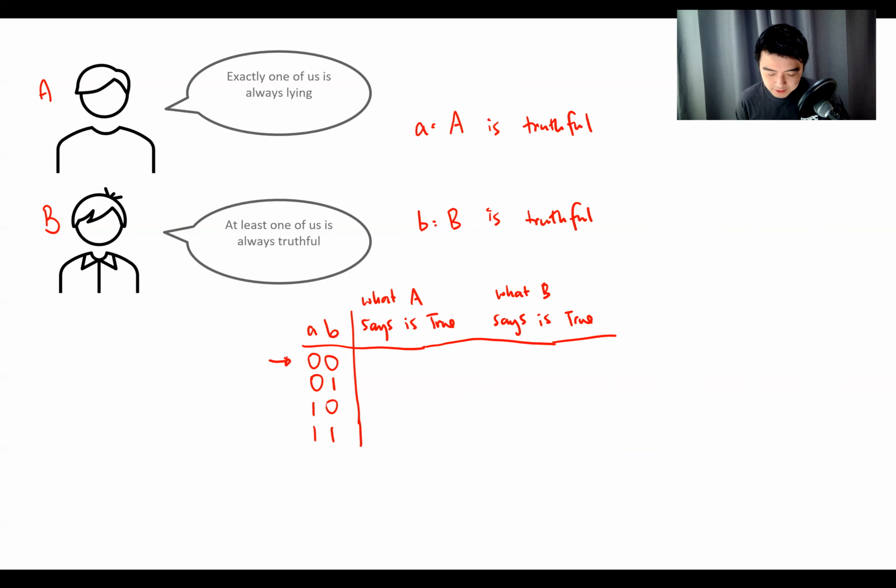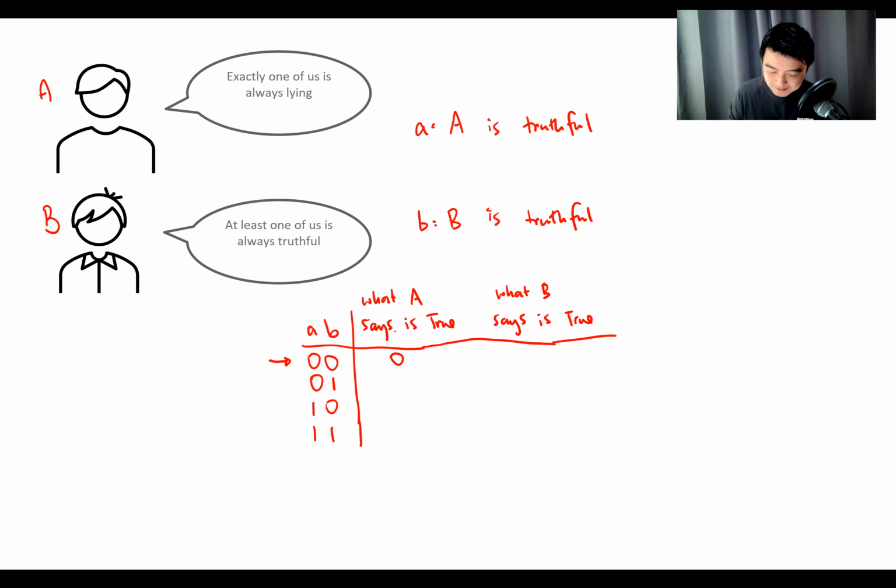The first row is where A and B are both lying. So is it representative of what A says? A said exactly one of us is always lying. Well, no, not in this case because they're both lying, right? So it must be that what A says is false.